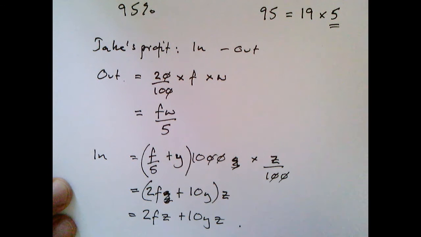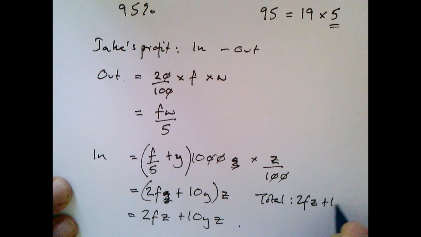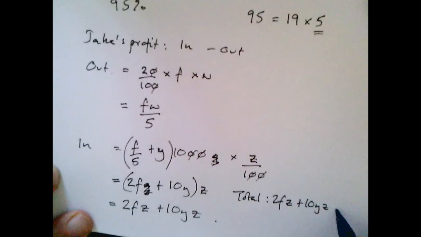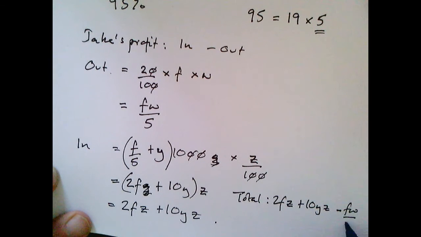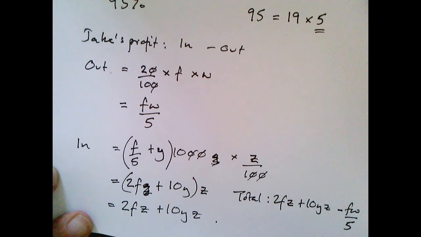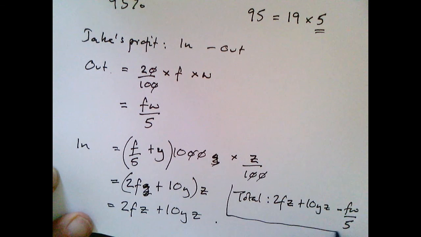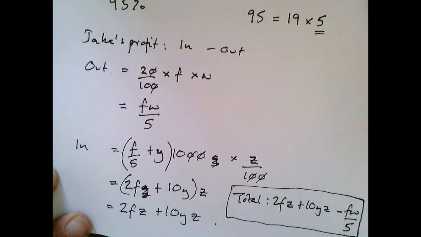So the total is 2FZ plus 10YZ minus FW over 5. All seems rather messy, but that is the answer. Okay.